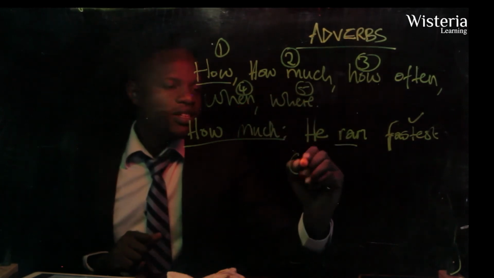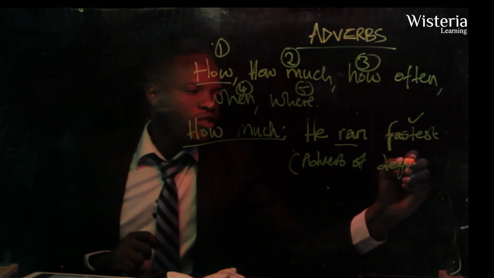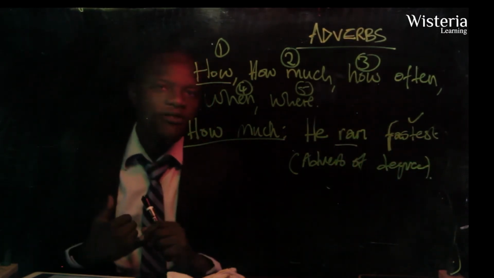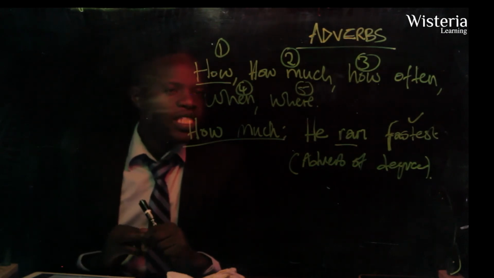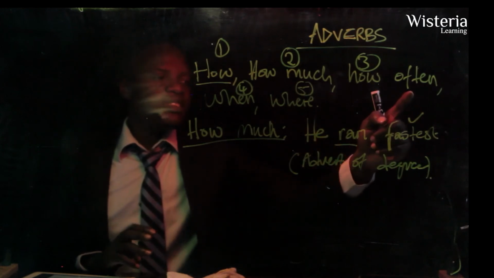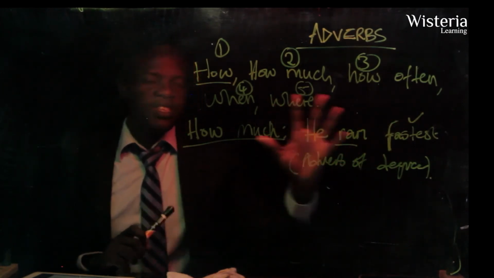That makes this an adverb of degree. So there's different adverbs that you need to be aware of. That's the adverb of manner, the adverb of time, the adverb of place, the adverb of frequency, and the adverb of degree in this instance.